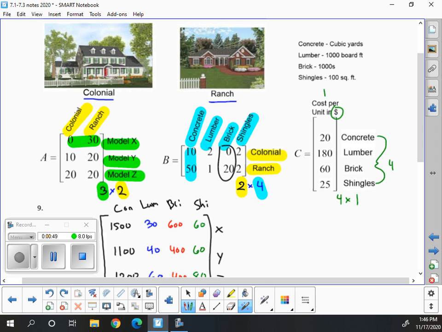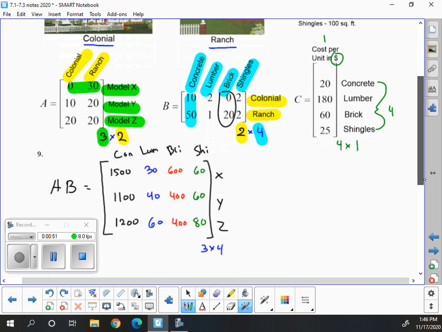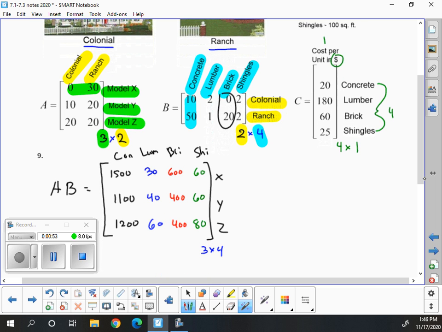Now, if you'll notice, I don't know how much it's going to cost me for my materials. And look at what we can see in these matrices. There's 4 types of materials here, and the same 4 materials are listed over here. You see that? 4 and 4 matches up. Concrete, lumber, brick, and shingle.